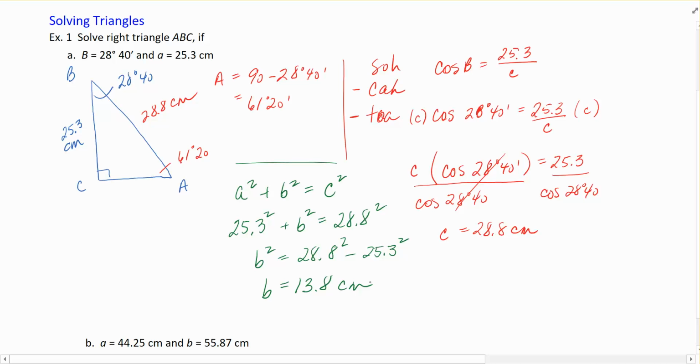So I found 13.8 centimeters. So what I was asked to do in this problem was find the missing angle as well as the missing sides. The missing angle occurred at angle A, and the missing sides were sides B and C. And so that's how we're using SOHCAHTOA to solve this right triangle.